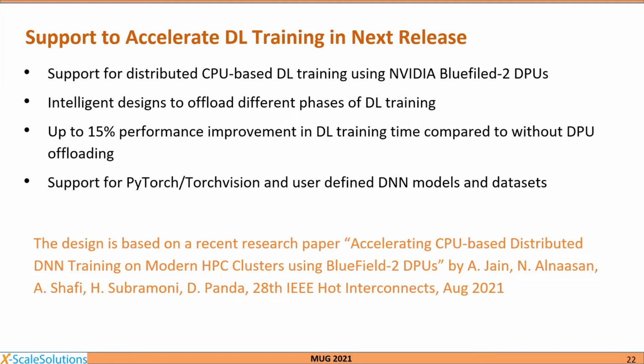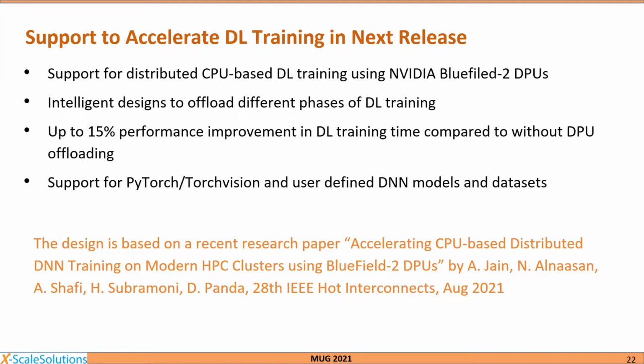We also have some other features to come, which directly support our accelerated DL training and will come out in the next release of this library. It will support CPU-based DL training with DPU offloading. Early results show up to 15% improvement in the overall execution time with offloading enabled compared to without it.